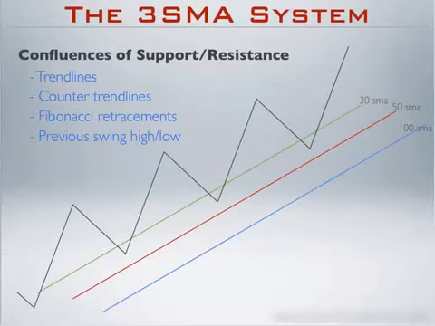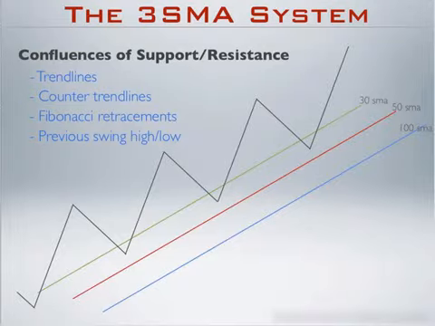Different elements of support and resistance that line up more or less at the same junction of the chart, strengthening each other. I personally like to pay special attention to 4 different elements of support and resistance. That's trend lines, counter trend lines, Fibonacci retracement, and previous swing highs or lows. Don't you worry, we are going to explain them all in detail.